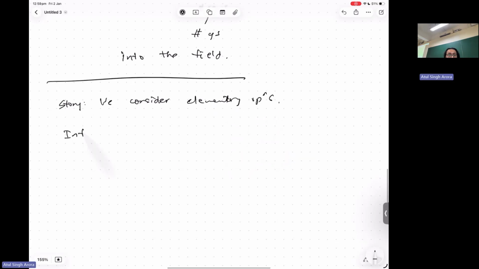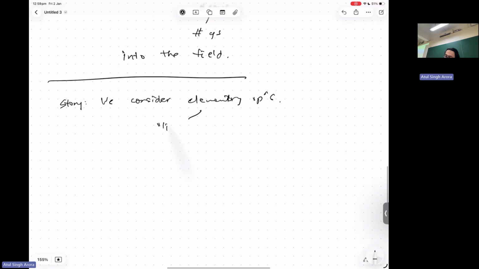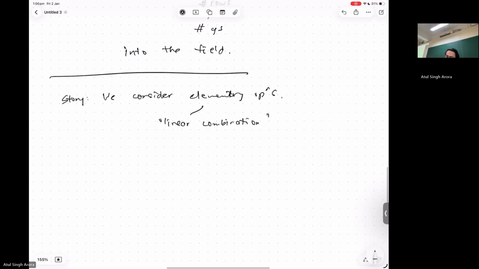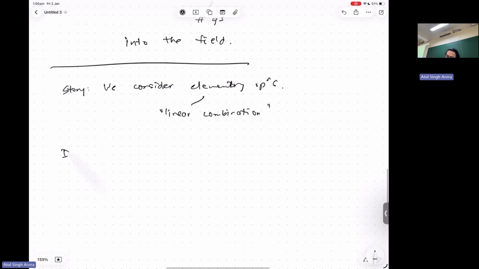So let's start. What these elementary operations are, they're basically just capturing linear combinations, and this is what we want to capture. Okay. So here's an informal definition.